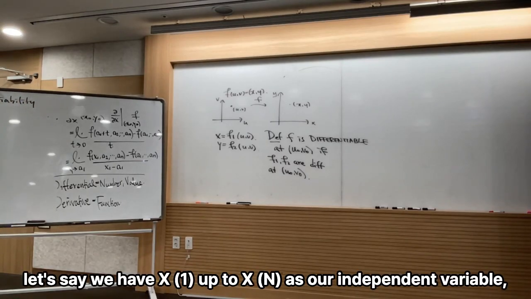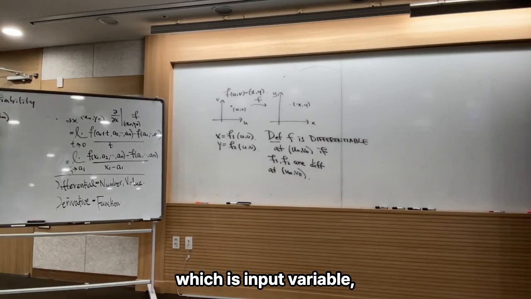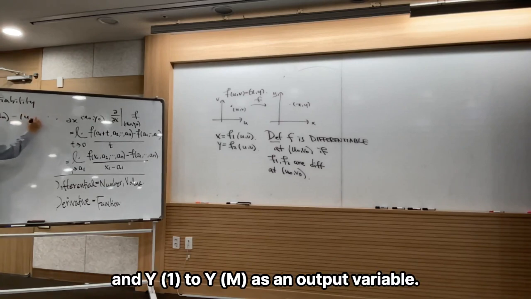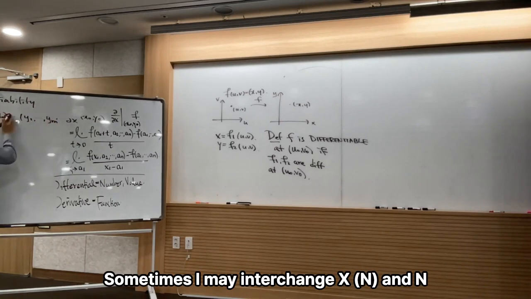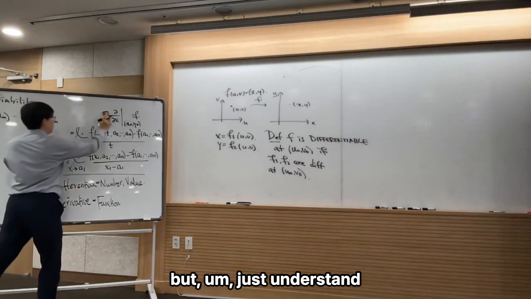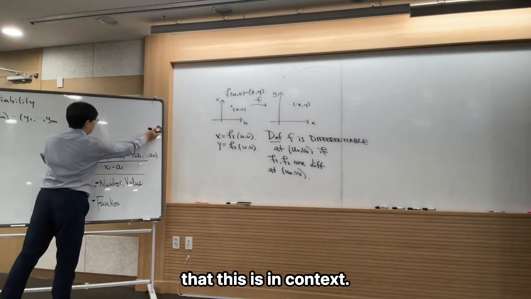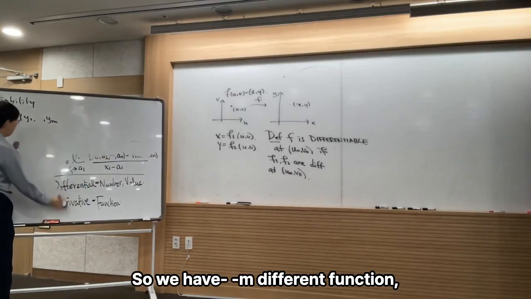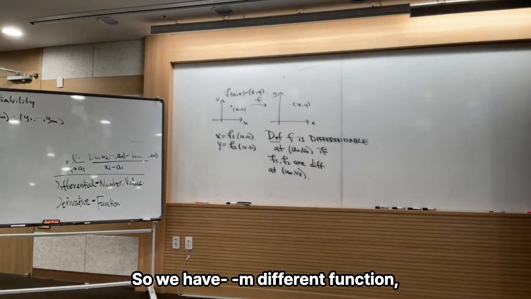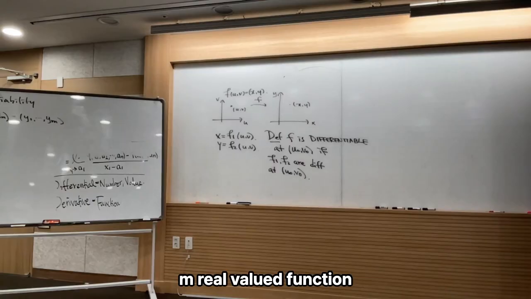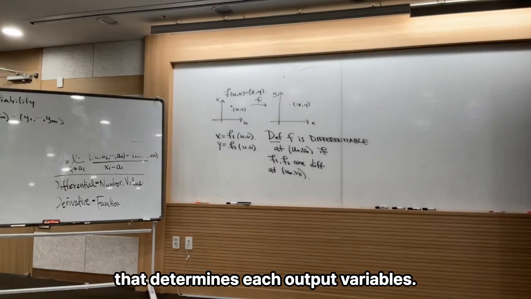Let's say we have x1 up to xn as independent variables, which are input variables, and y1 to ym as output variables. Sometimes I interchange m and n, but just understand this in context. So we have m different real-valued functions that determine each output variable.